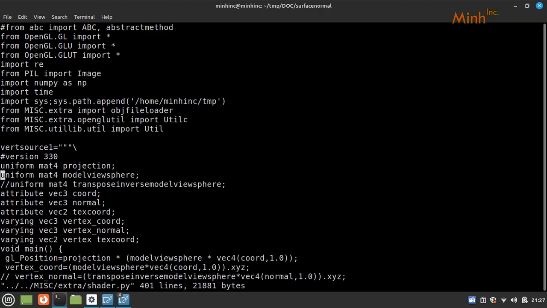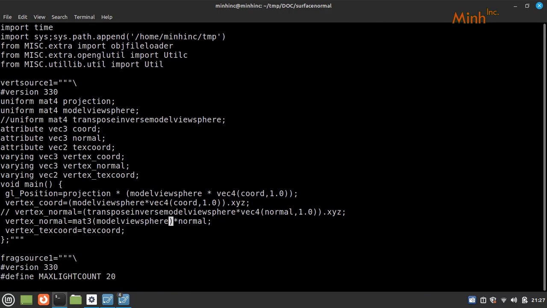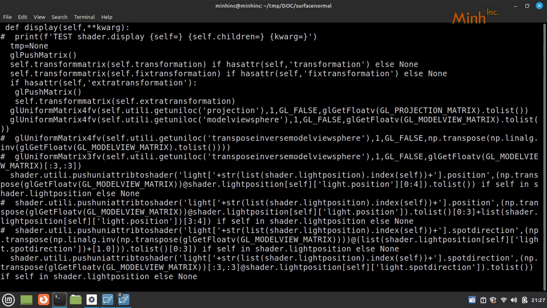Generally what we do is calculate the transpose inverse of the model, and whenever we have to do a transformation on the normal, we go with the transpose and inverse. Transpose and inverse are calculated as the transpose and inverse of the model view matrix that is passed to the transpose inverse view.